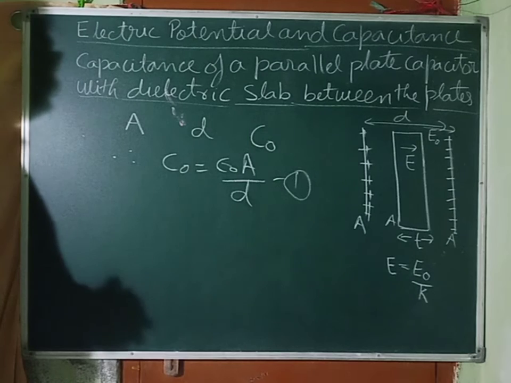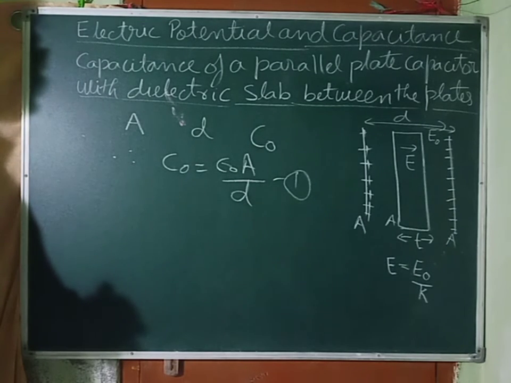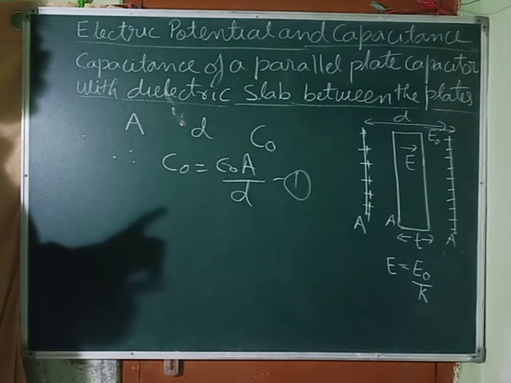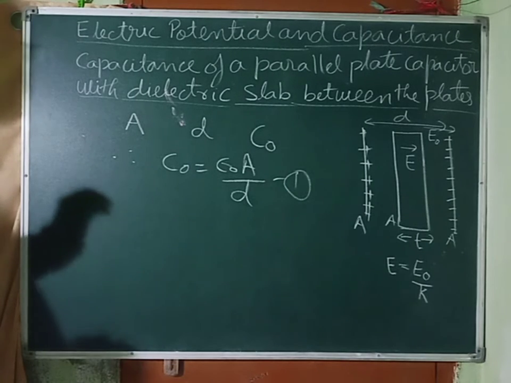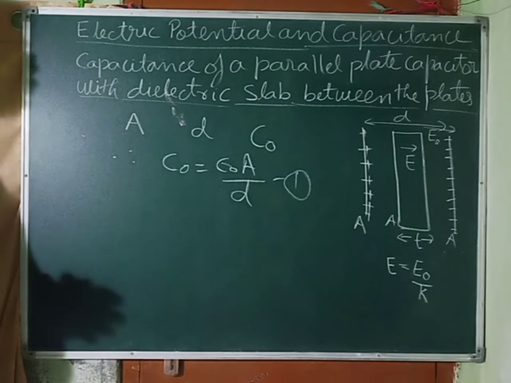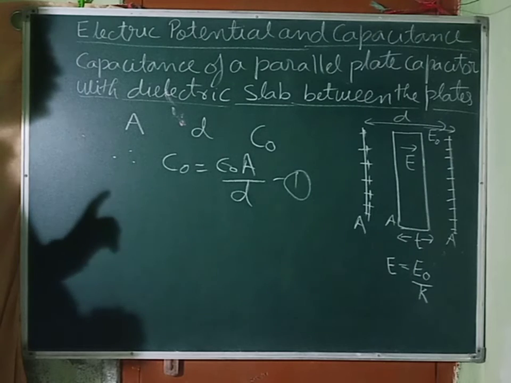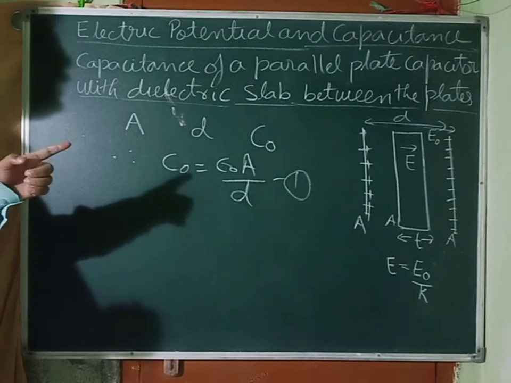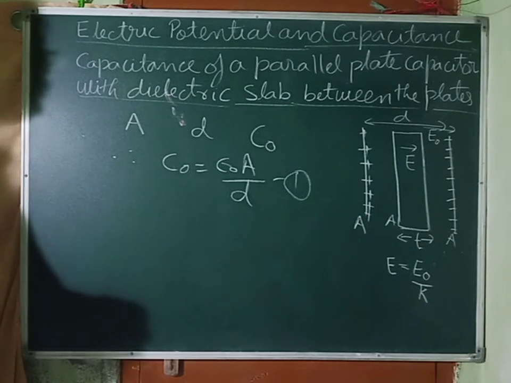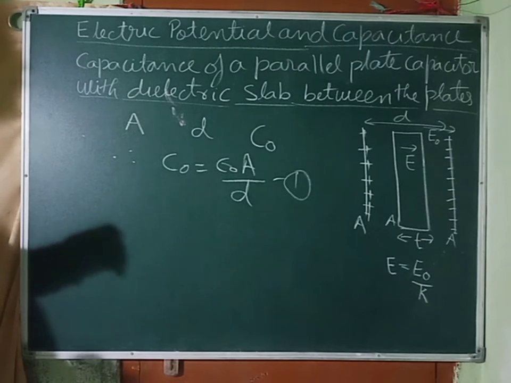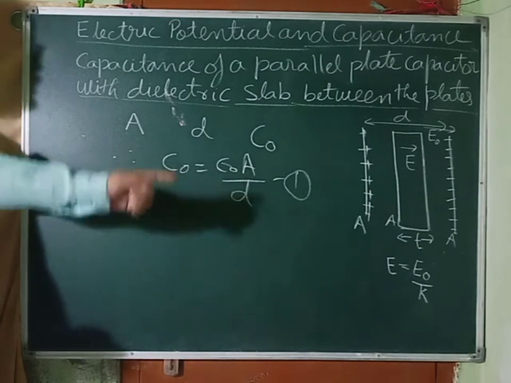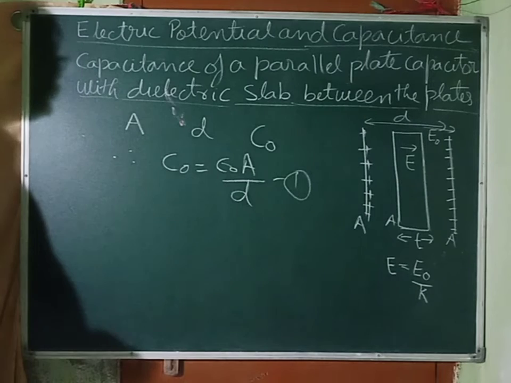Now after this you will write, let us place a dielectric slab of dielectric constant capital K and thickness small t. You can see from the diagram, thickness is small t.